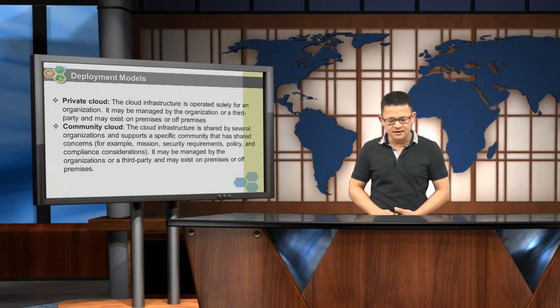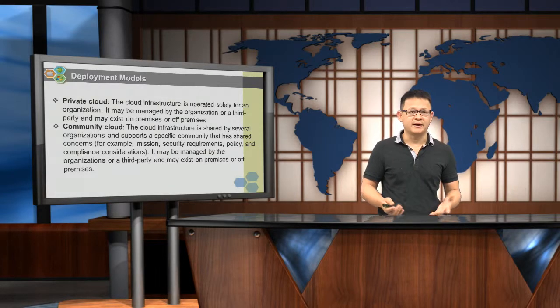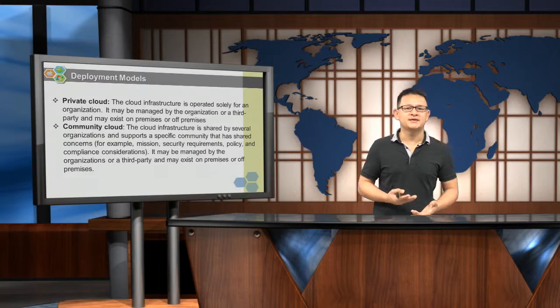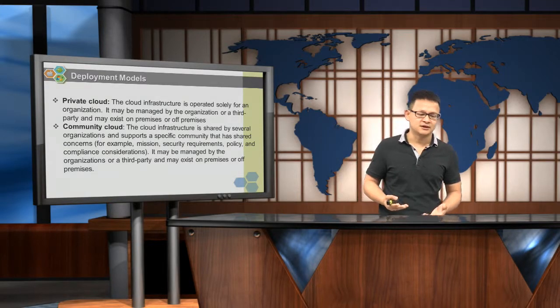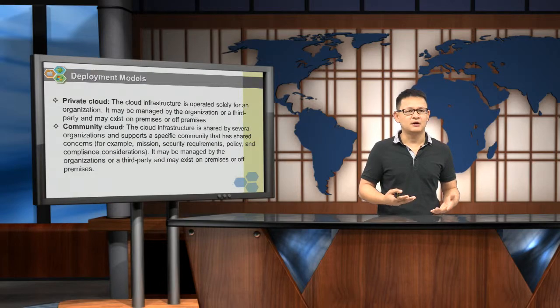The second deployment model is the community cloud. So maybe instead of using something private, you can use an infrastructure that is shared by several organizations and supports a specific community that has shared concerns. So you have common objectives.